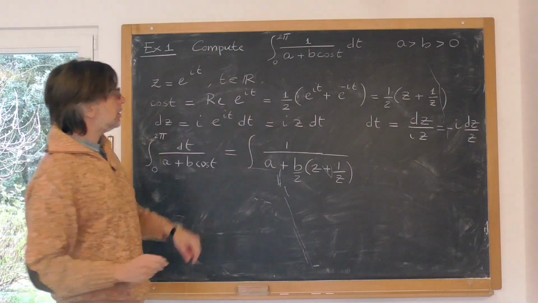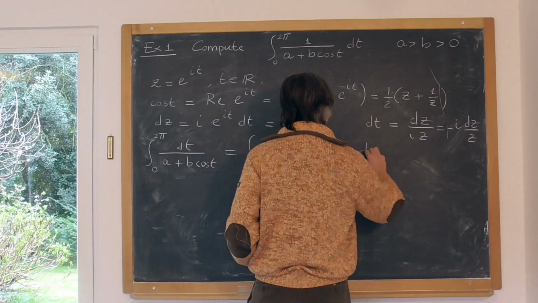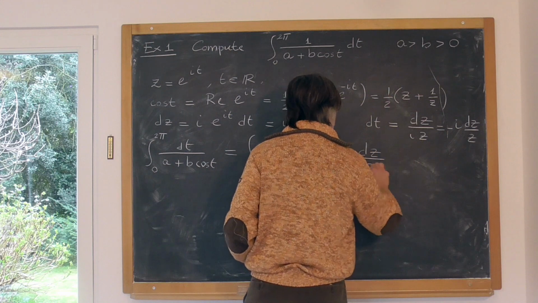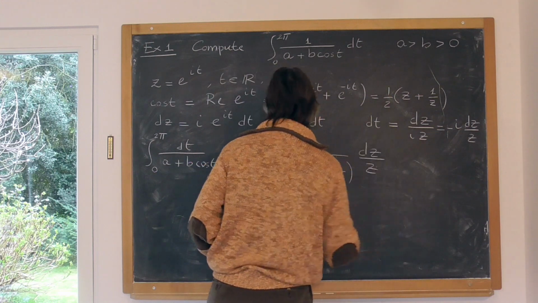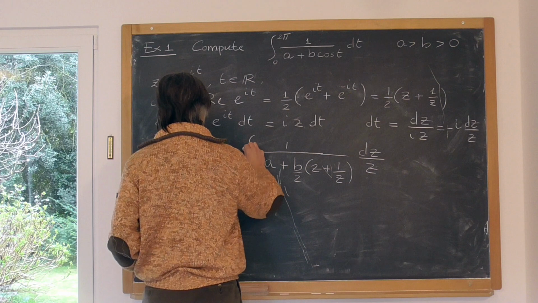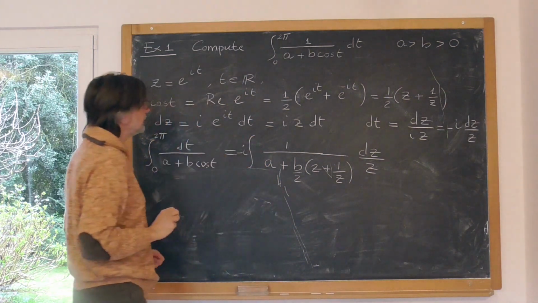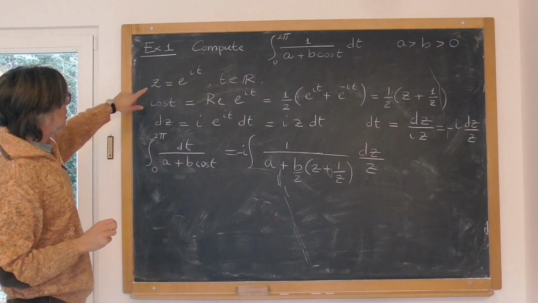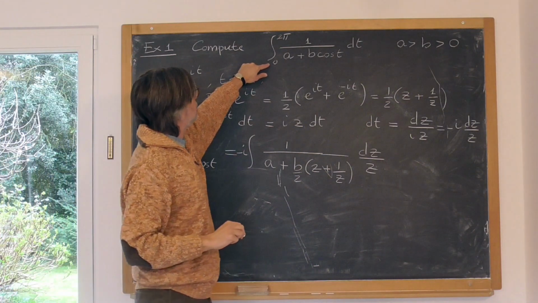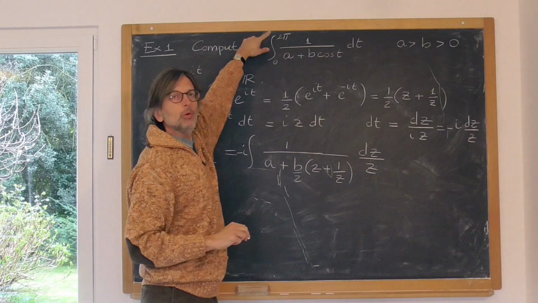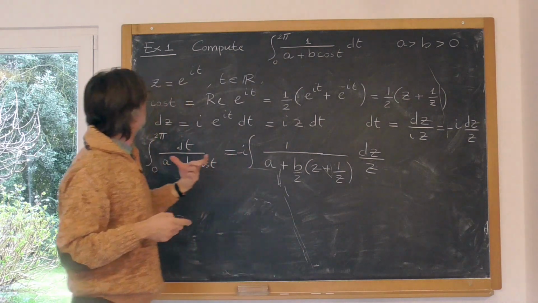And then dt becomes dz divided by iz, and there is a minus i multiplying everything, which can go outside the integral, so it comes here. And now the integral, so t was varying between 0 and 2π.